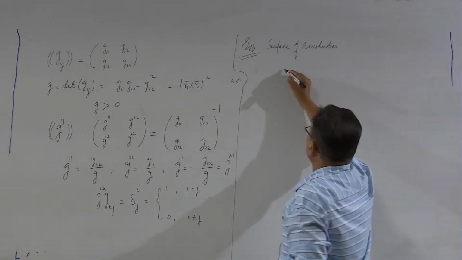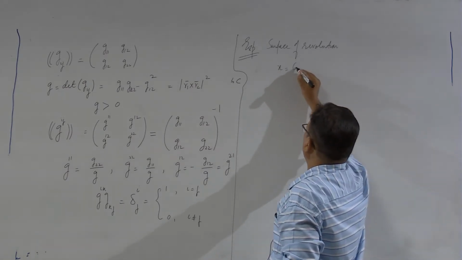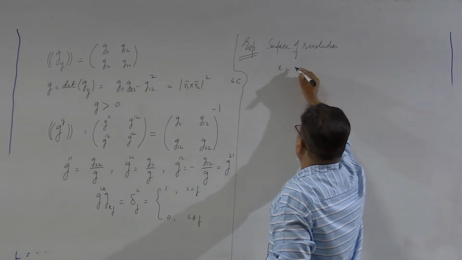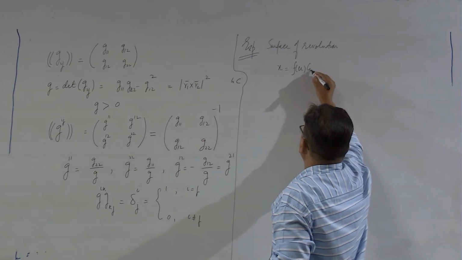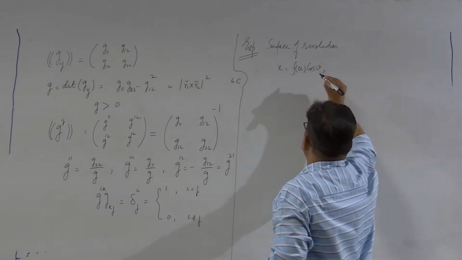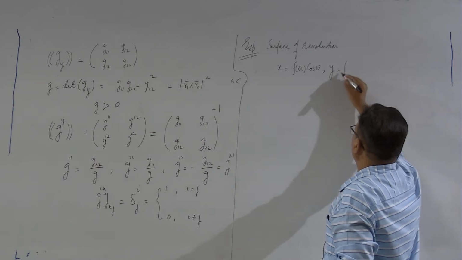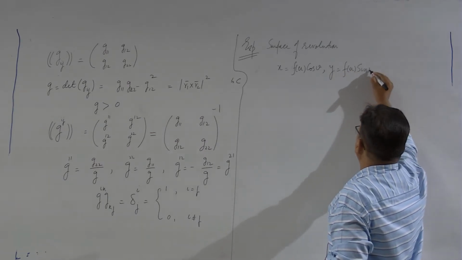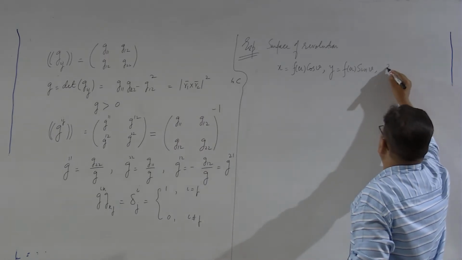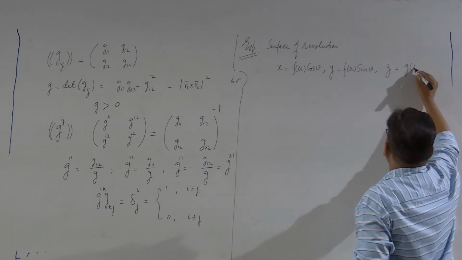For a surface of revolution, the parametric equation is given by x equal to some function of u into cosine v, and y is also a function of u into sine v, and z is some other function of u.